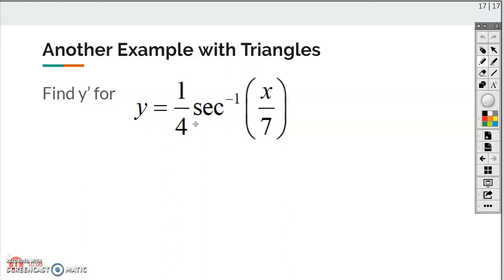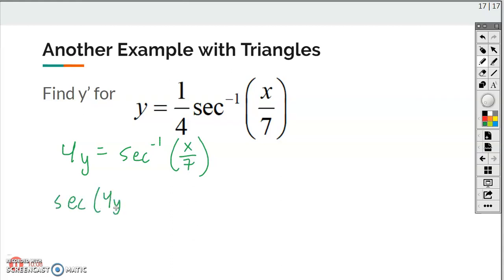This problem's a little bit tougher, but the main idea is the same. So my first step would be to move this 1/4 over. So 4y equals secant inverse of x over 7. To get rid of secant inverse, I'm going to take the secant on both sides. So the secant of 4y equals x over 7. Secant is a reciprocal of cosine. Cosine would have been adjacent over hypotenuse, which means secant is hypotenuse over adjacent.